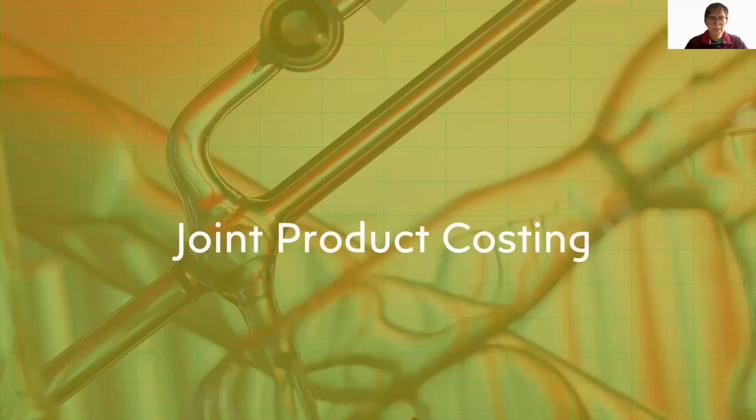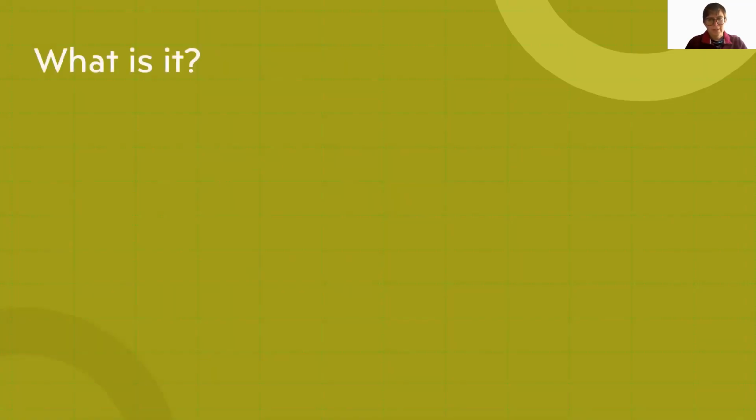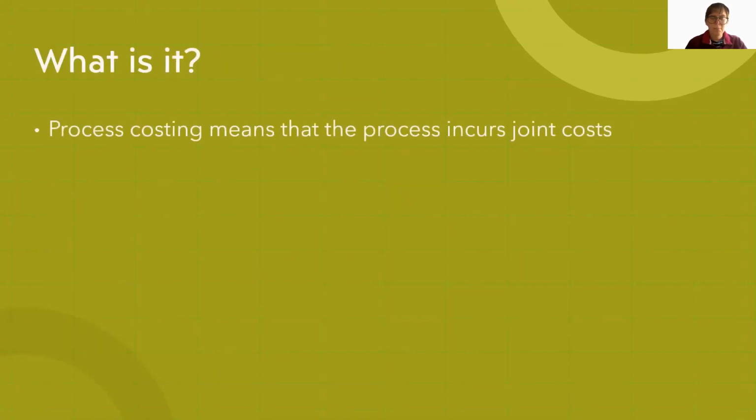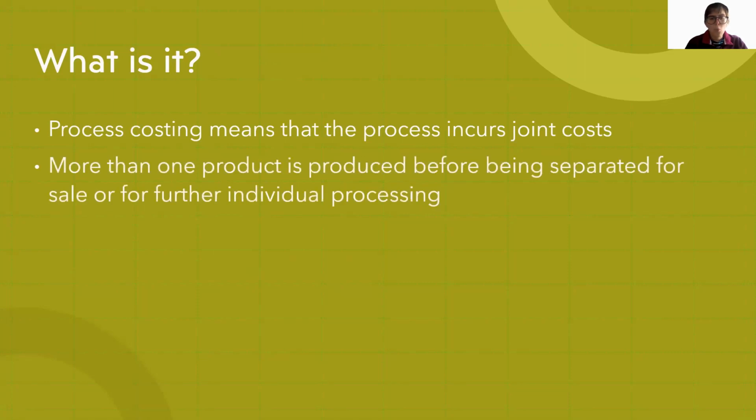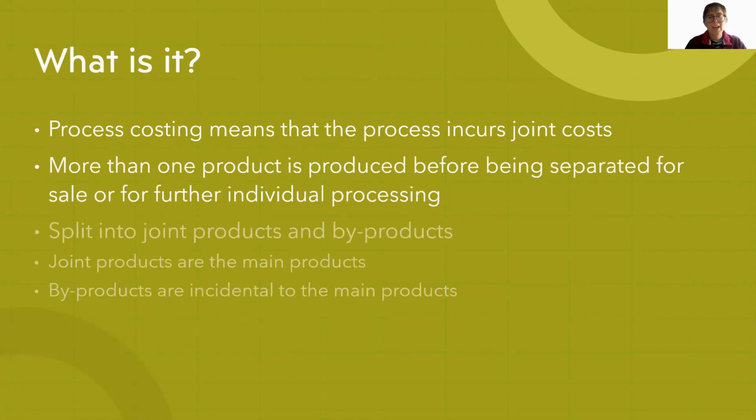Joint product costing then, what is it? Well, essentially it is a process costing, which means that the process incurs joint costs. More than one product will be produced before being separated for sale or for further individual processing. It is split into joint products as well as byproducts.